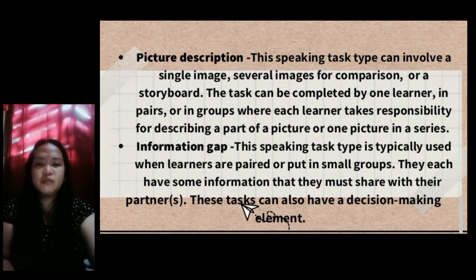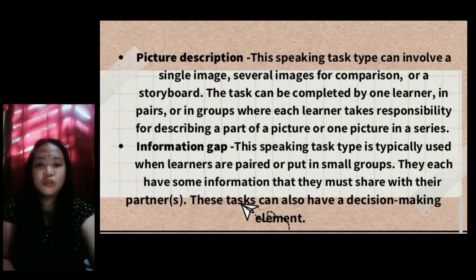So picture description can be an information gap task that offers learners the opportunity to create unique utterances. An information gap task is a technique in language teaching where students are missing information necessary to complete the task or solve a problem and must communicate with their classmates to fill in the gaps.